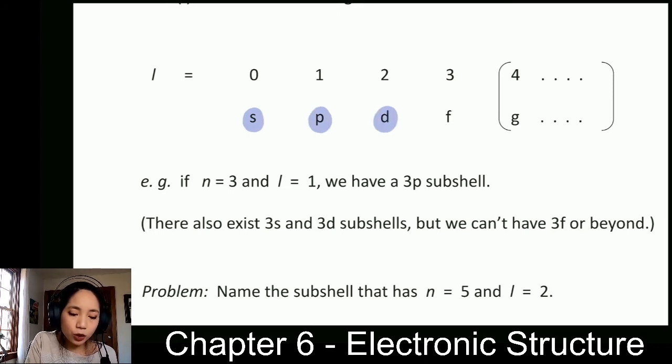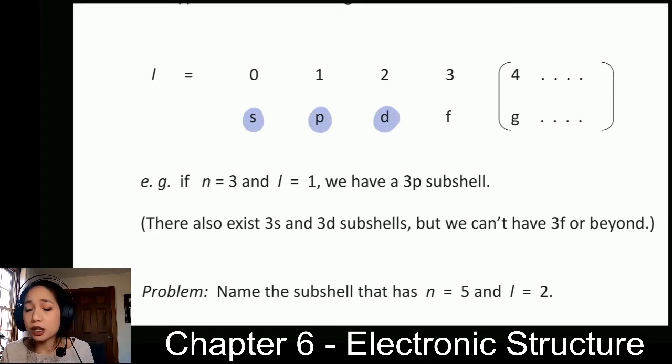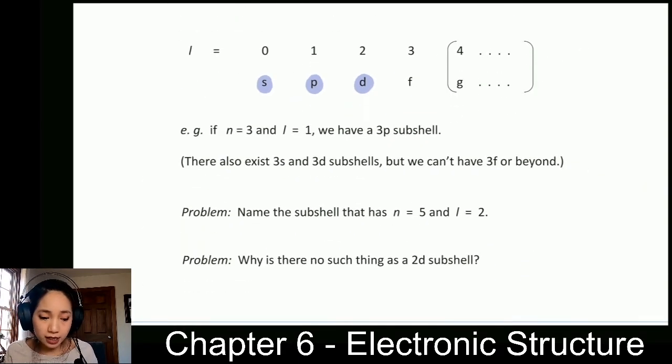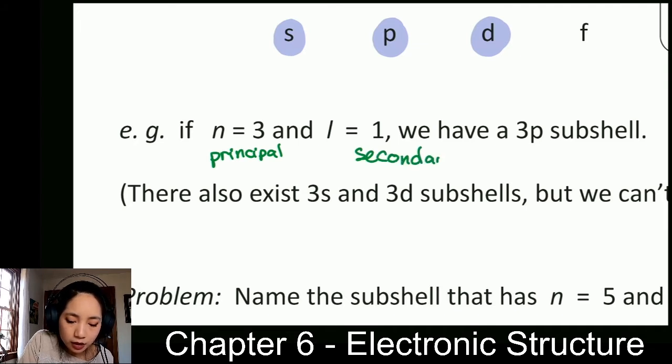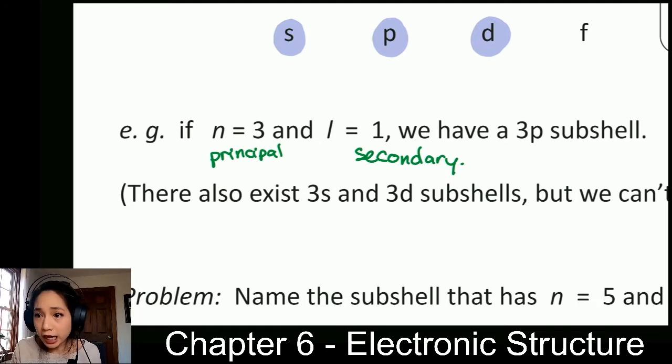This is typically what we use, these letters, to indicate L, our secondary quantum number values. When we write orbital shapes, we want to indicate both the principal quantum number and the secondary quantum number, to describe the shape of an orbital or where to find an electron.